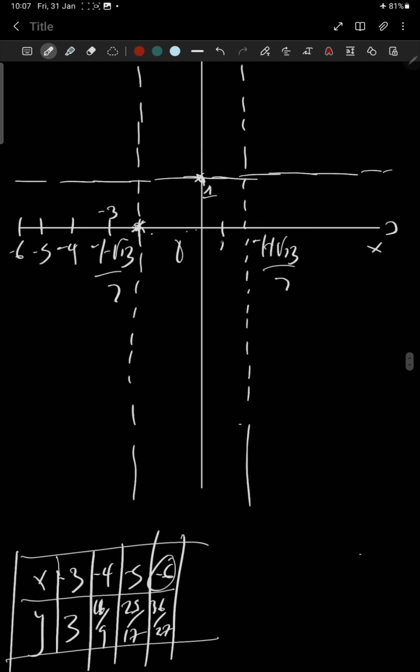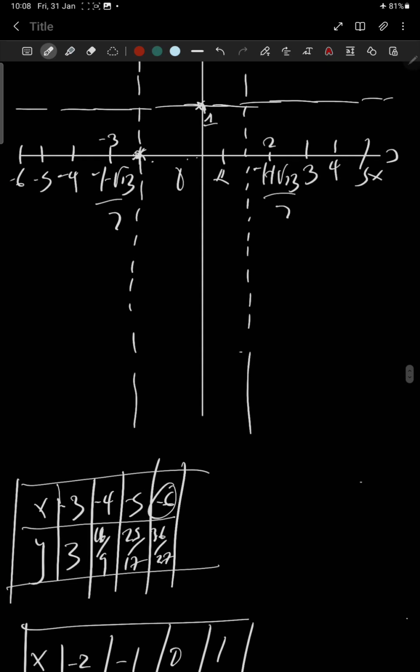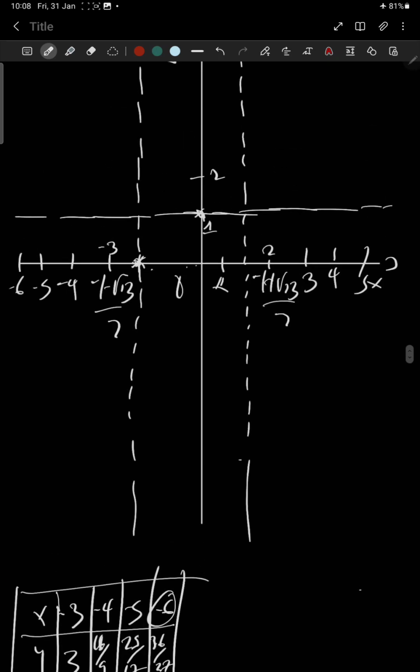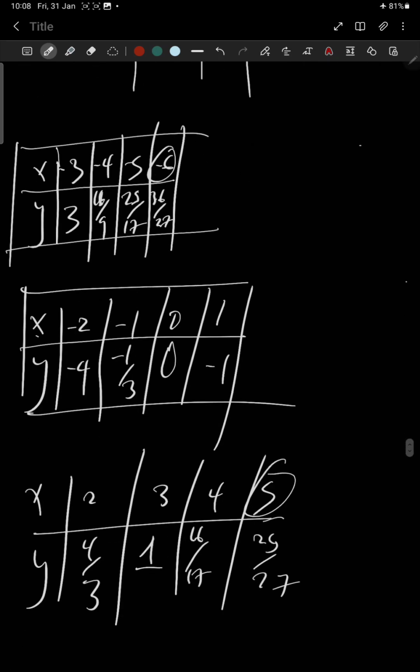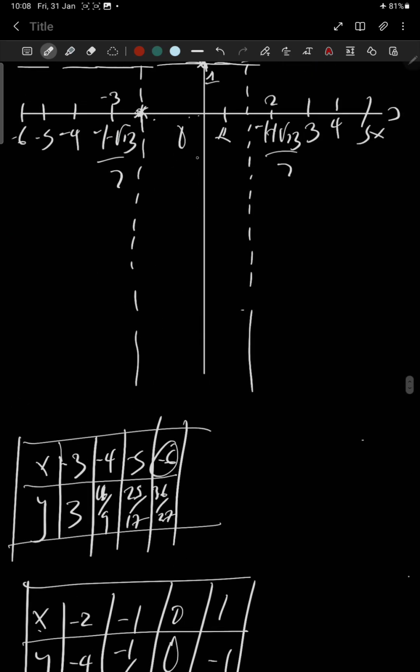So this is 1 here. Then this is 2, this is 3, 4, and 5. 1, 2, 3, 4, and 5, of course. This is negative 1, negative 2, negative 3, and negative 4.